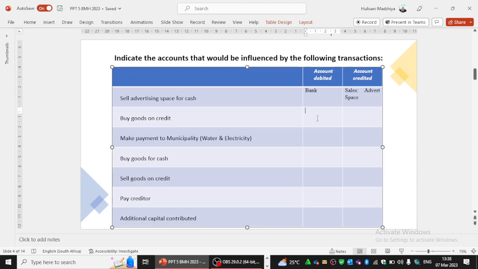Loud and clear. Well, I'm not sure, but I think the account debited will be bank and the account credited would be inventory. Okay, you managed to identify one account correctly, but the treatment is incorrect.